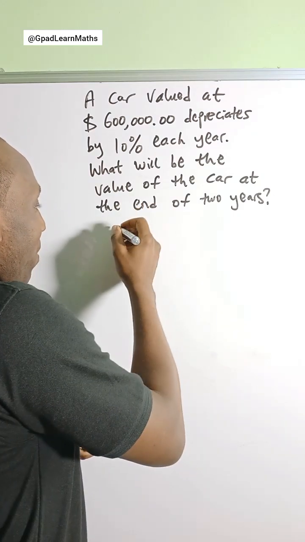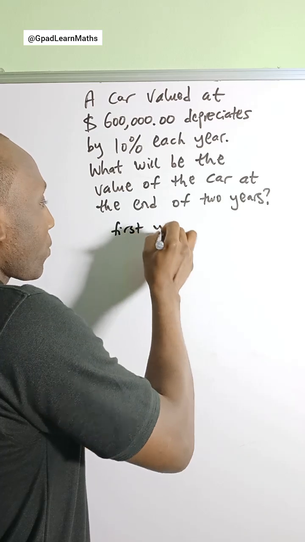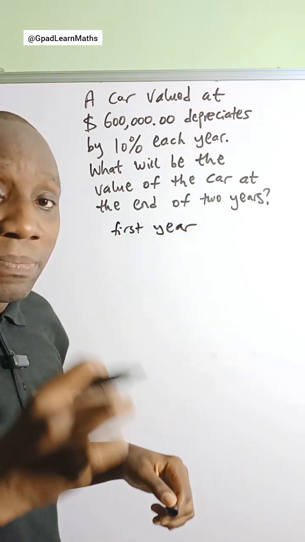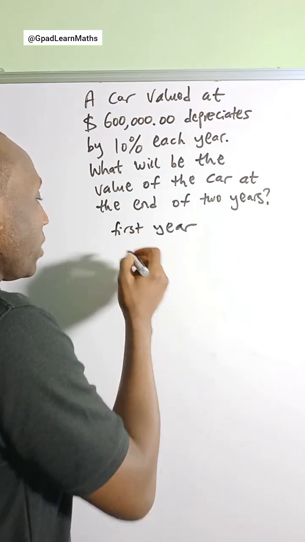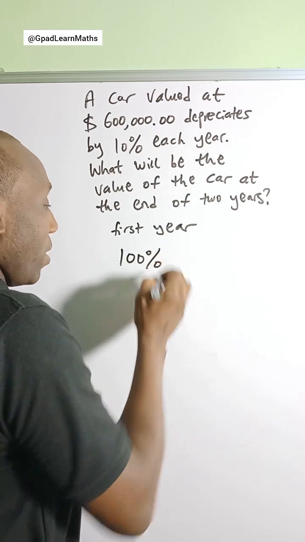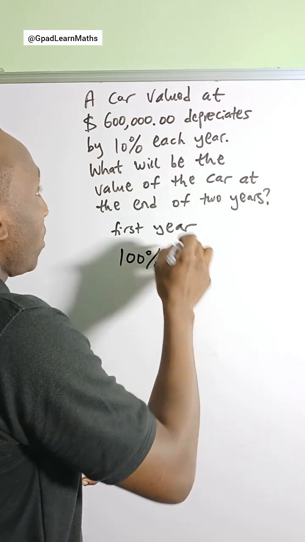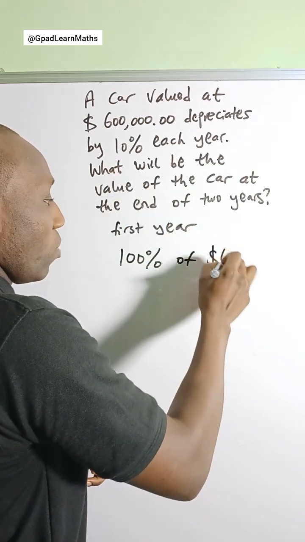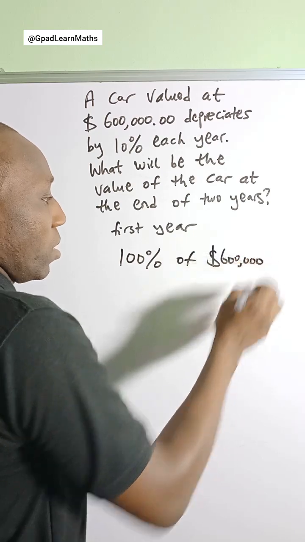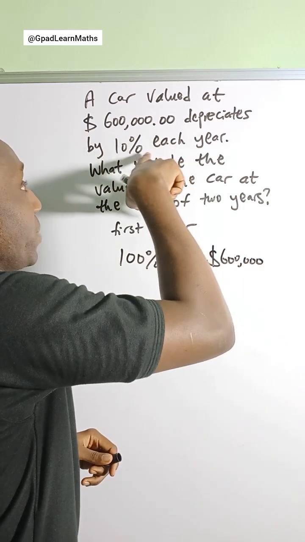So I can start by saying, okay, the first year, remember there was a 10% depreciation. Originally, it was 100% of $600,000. But now there was a 10% depreciation.